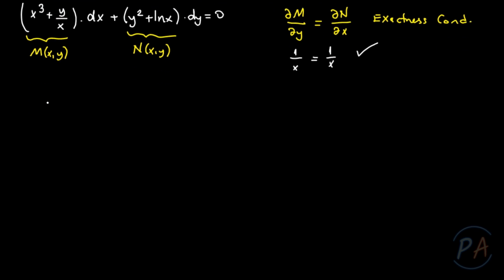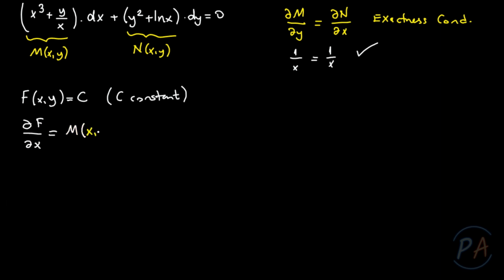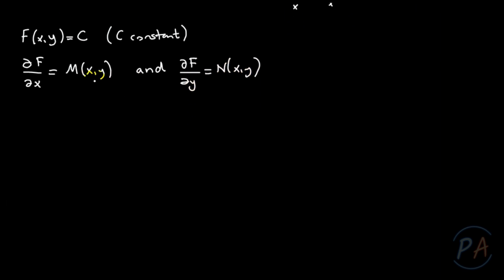So it must have a solution f of x y equals c, of course, where c is a constant, satisfying that the partial derivative of f with respect to x equals M of x y and the partial derivative of f with respect to y equals N of x y. I can choose either of these equalities as a starting point.